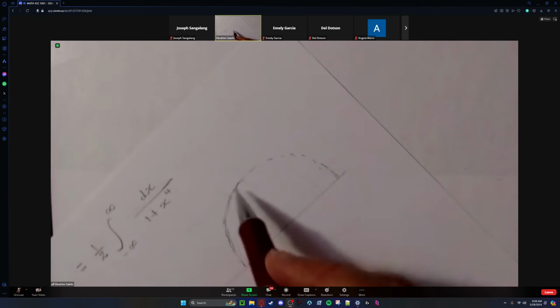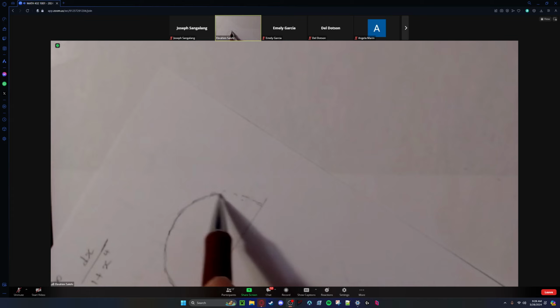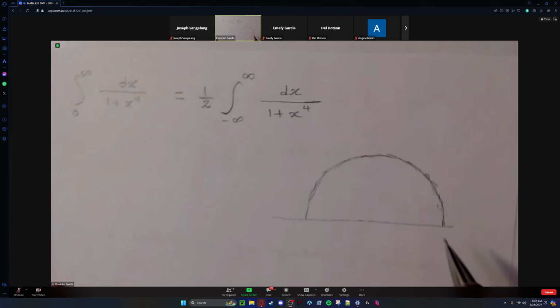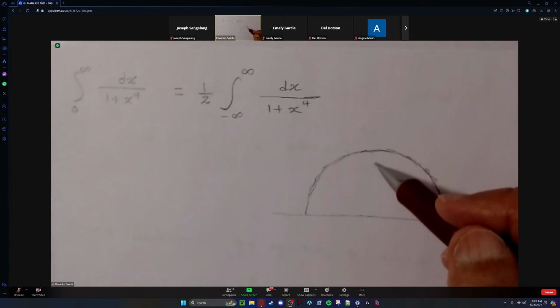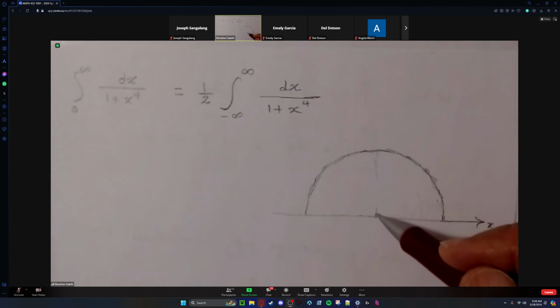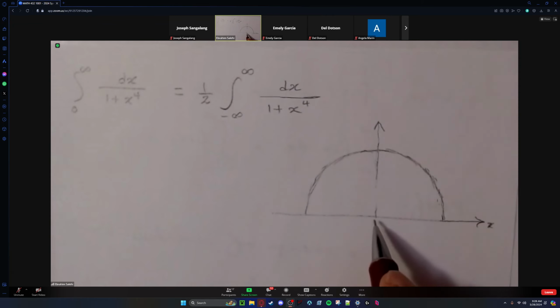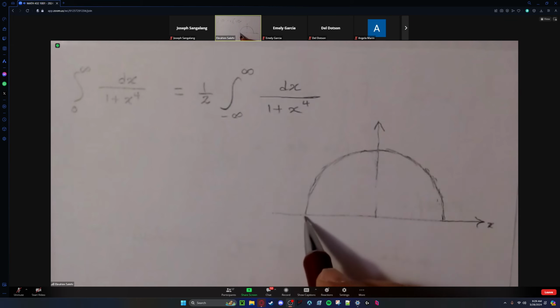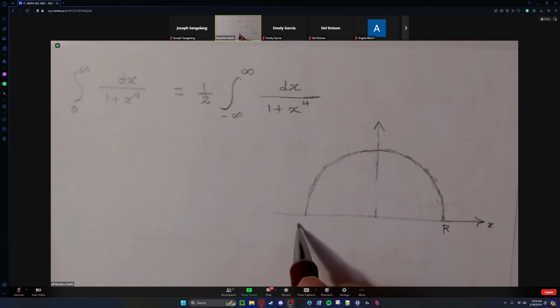So I need to make sure I have a decent semicircle. This is the x-axis, and here we go, the y-axis. Let's say the radius of this semicircle is R. So here is R. Here is negative R.